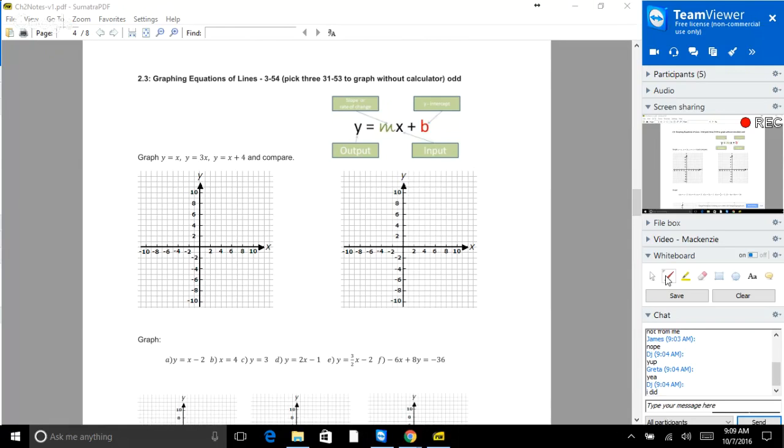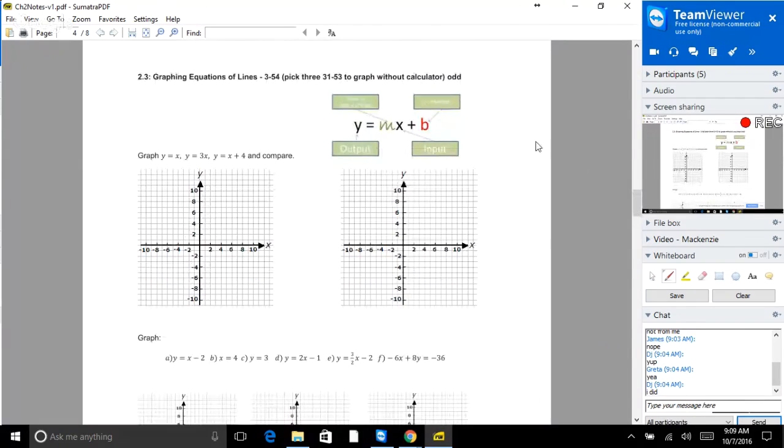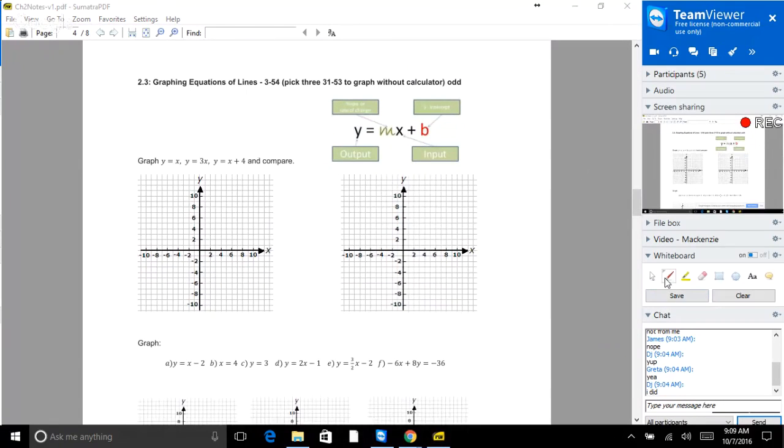The two signs that you have a linear equation: one is that your x is only raised to an exponent of 1. We don't even write x to the first power, we just leave it as x.